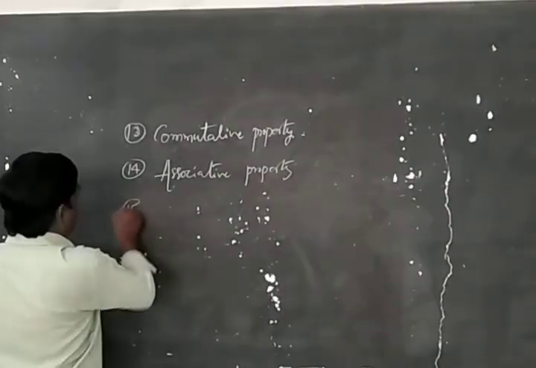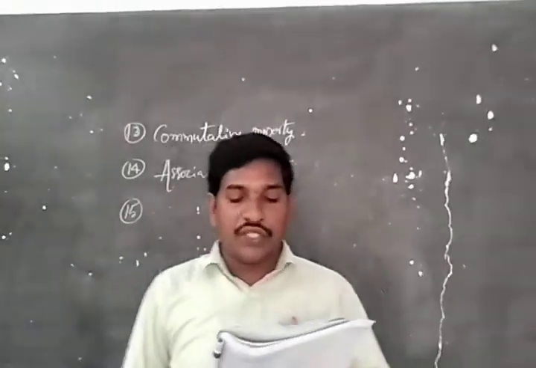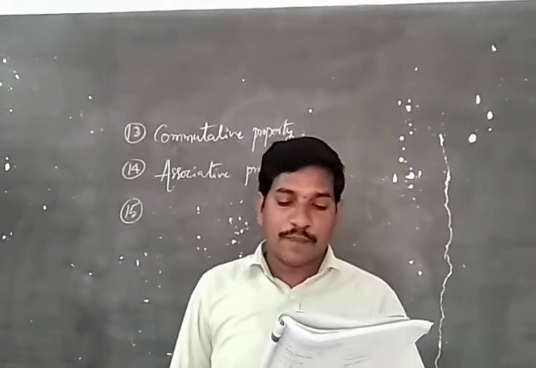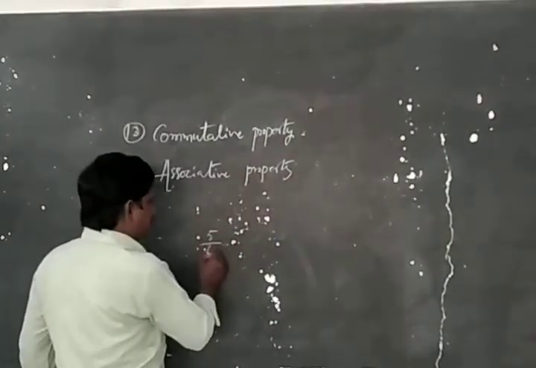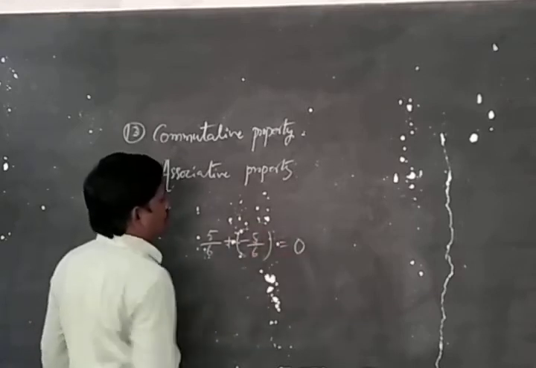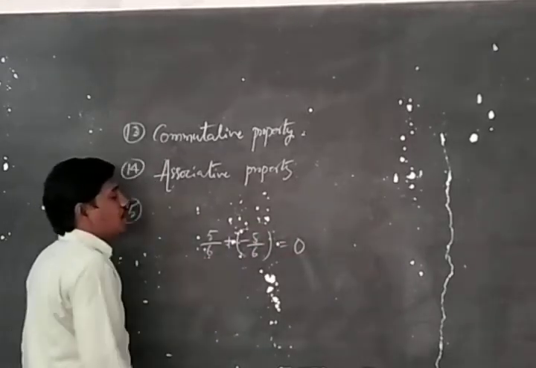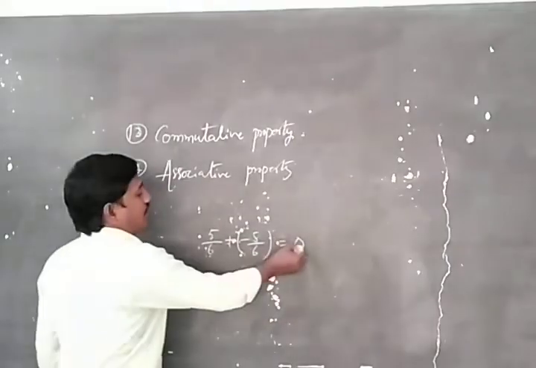Now 15th one. Name the property of addition used in 5 by 6 plus minus 5 by 6 equal to 0. This is called additive inverse. When we add the opposite sign of the rational number, we get 0.